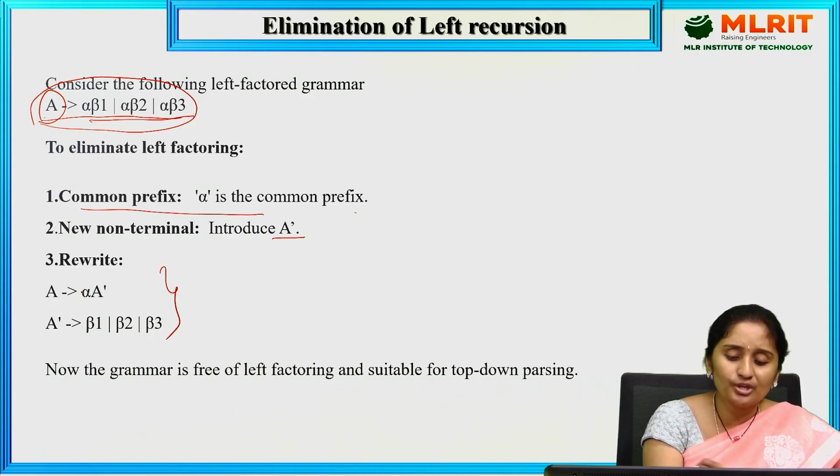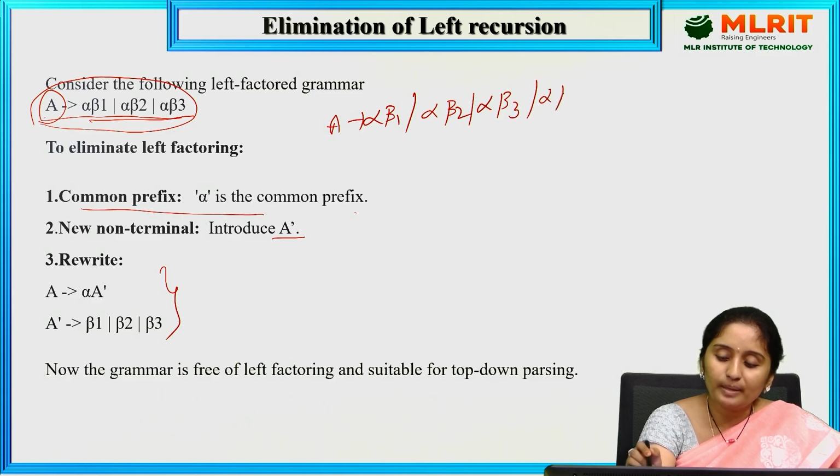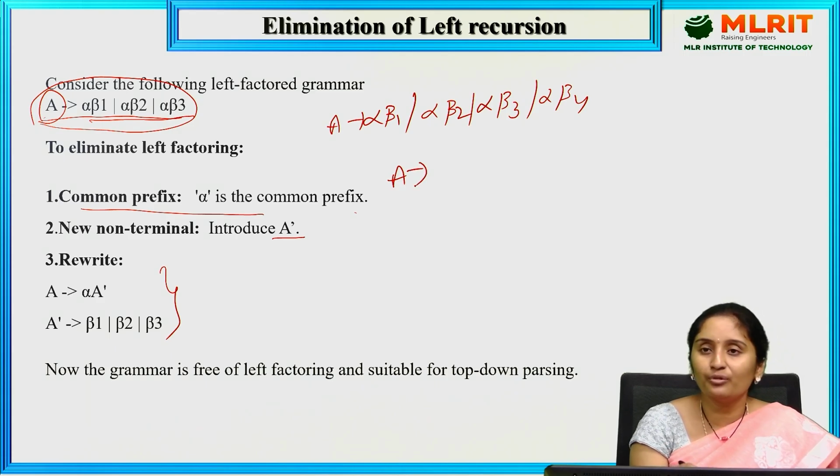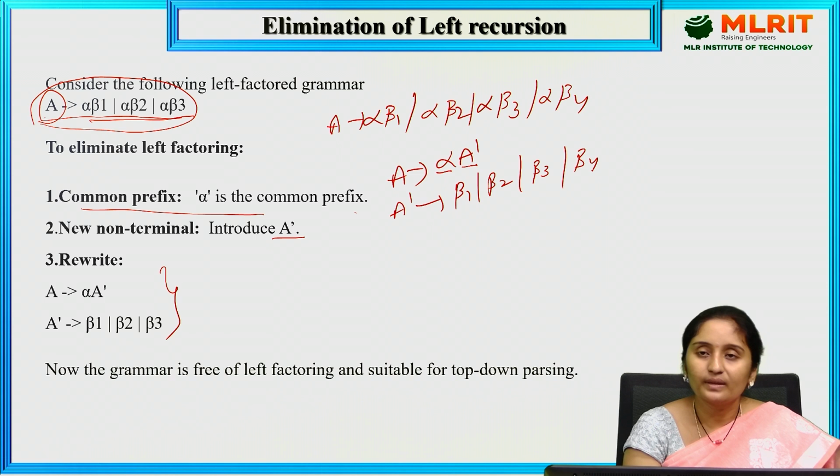So if the production is in the form A produces alpha beta 1 or alpha beta 2 or alpha beta 3 or alpha beta 4, we rewrite the production as A produces alpha A dash. Alpha is the common prefix and A dash is the new non-terminal. Now A dash can be replaced with beta 1, beta 2, beta 3, beta 4.